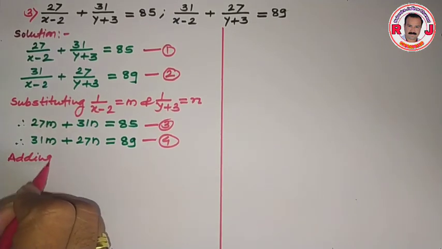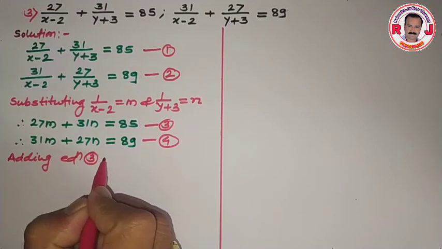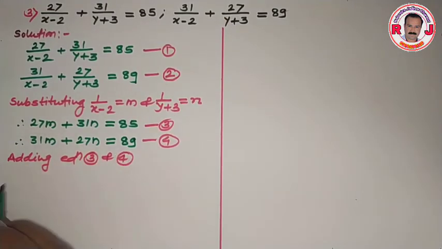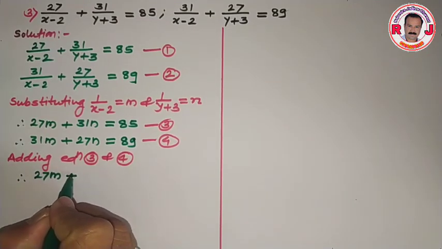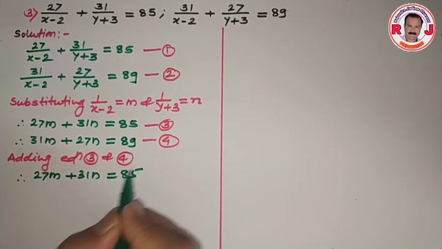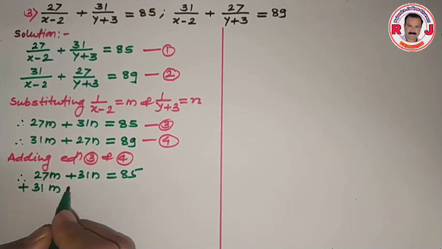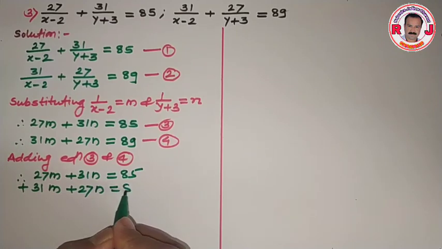Adding equation 3 and 4. Write down these two equations. 27m plus 31n is equal to 85, plus 31m plus 27n is equal to 89.